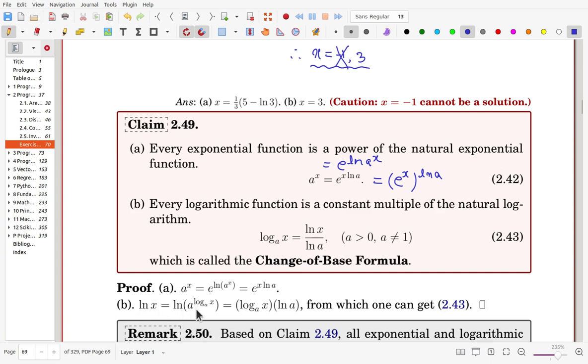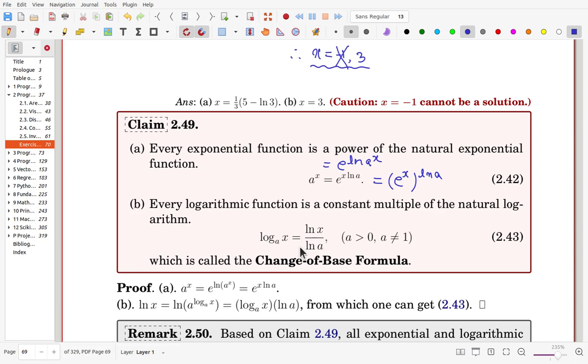Now x itself is the same as a to the log base a of x, and that portion is a power, so the power can go out by using the power rule, so we can reach it over there. Now, log base a of x is the natural logarithm of x divided by this quantity, so we can reach this formula.